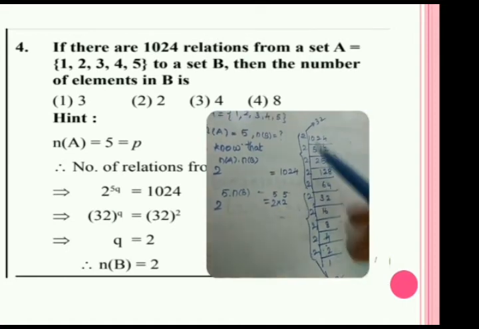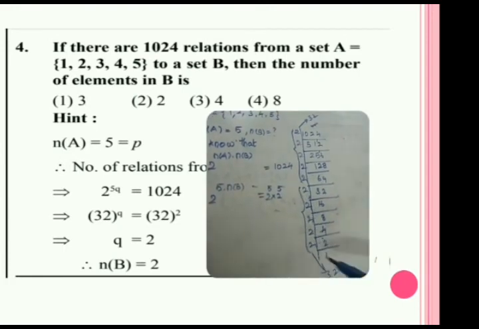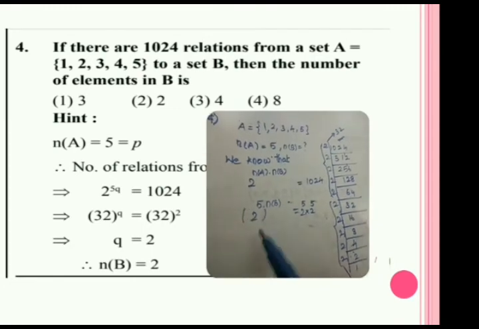Here 2 repeats 10 times. One group of five 2s, the value is 32. Another group of five 2s, the value is 32. Here also we have 2 power 5.